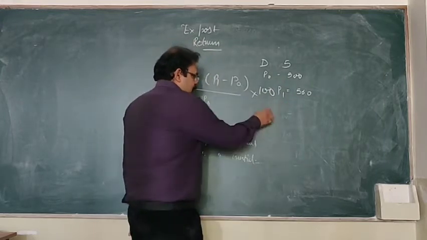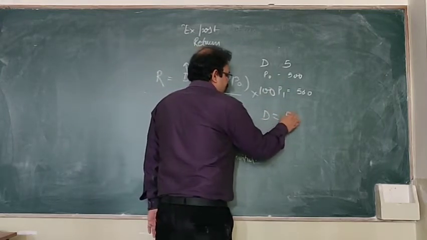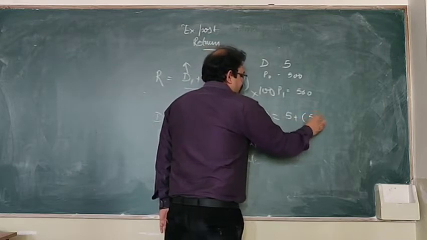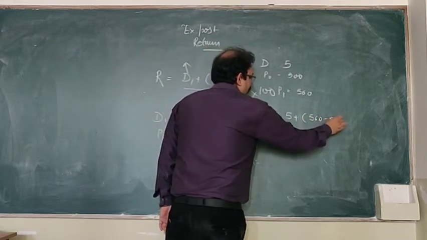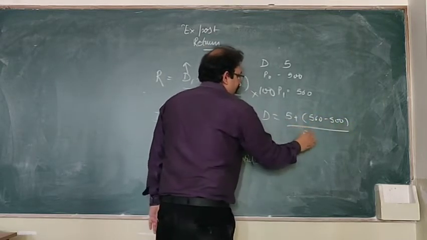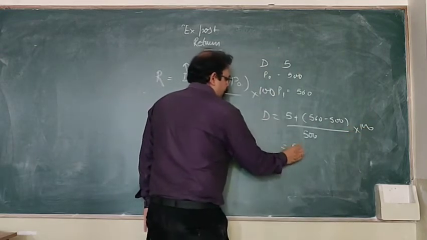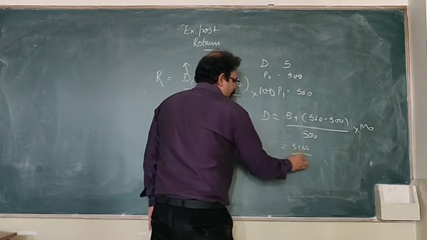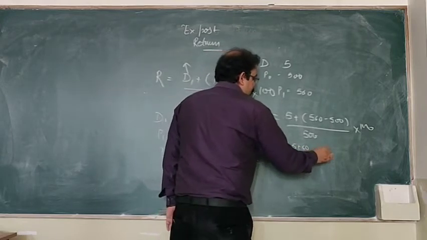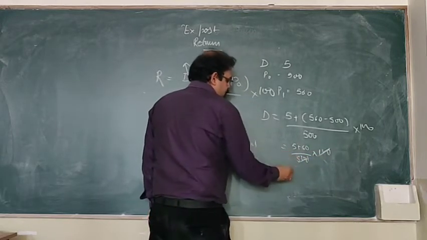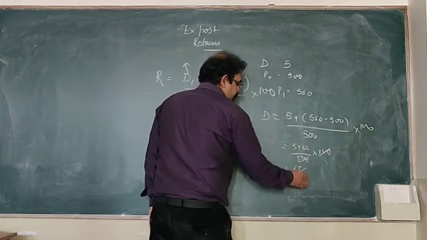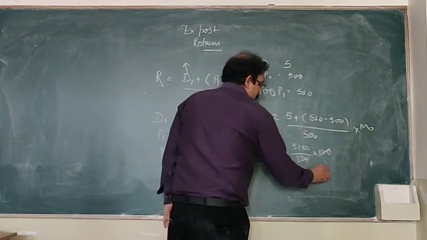Simple. D1 is 5 plus 560 minus 500, divided by 500, into 100. That is 5 plus 60 upon 500 into 100. Let's cancel out: 65 by 5, that is 13%.